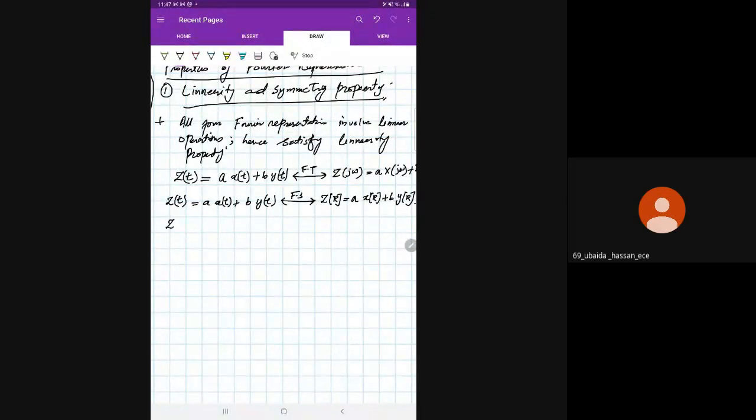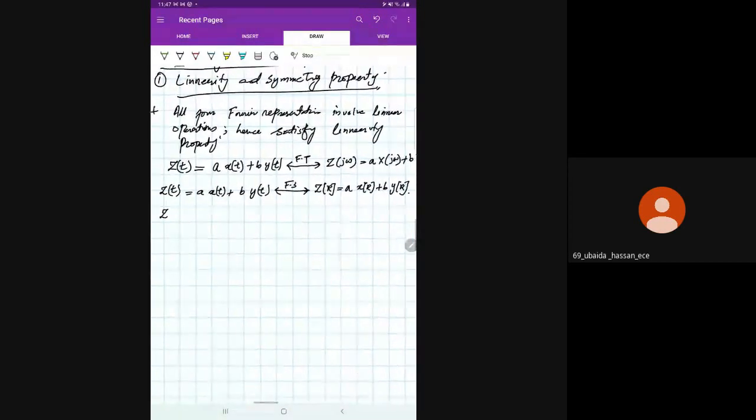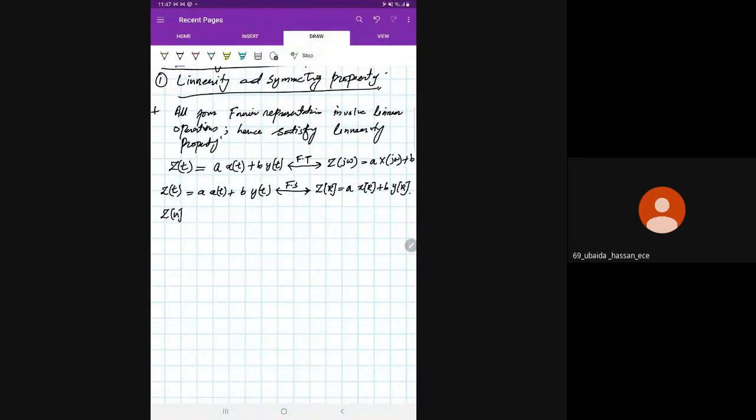Now, for example, we have a discrete time signal z of n equal to a times x of n plus b times y of n. I am trying to represent four different Fourier representations: one in Fourier transform form, another in Fourier series form, the third in discrete time Fourier transform form, then discrete time Fourier series form. So this is a discrete signal.